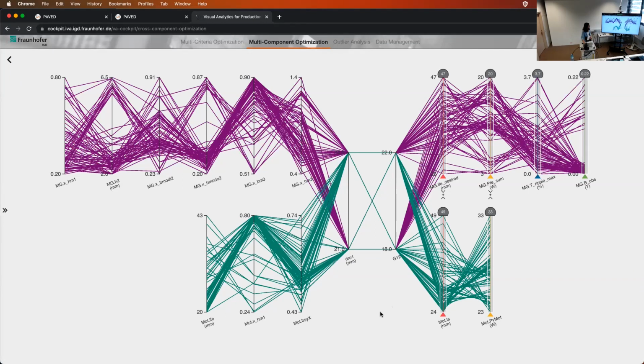Okay, so here we have the visualization. The primary objective is to minimize the power loss of the entire system. So first we need to merge the losses of both components by adding them up.